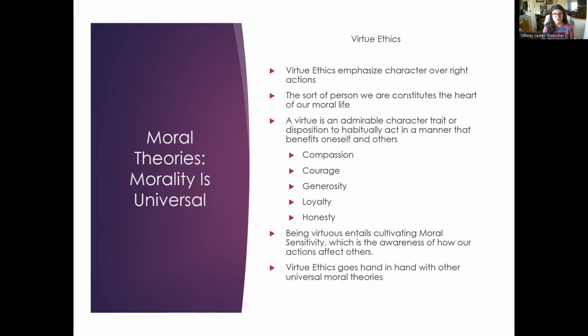So compassion, courage, generosity, loyalty, honesty, those are all virtues. When we say someone is a virtuous person, what that means is that they have what's called moral sensitivity, the awareness of how their actions affect others. So you can kind of see how virtue ethics can go along with the other universal moral theories, right?